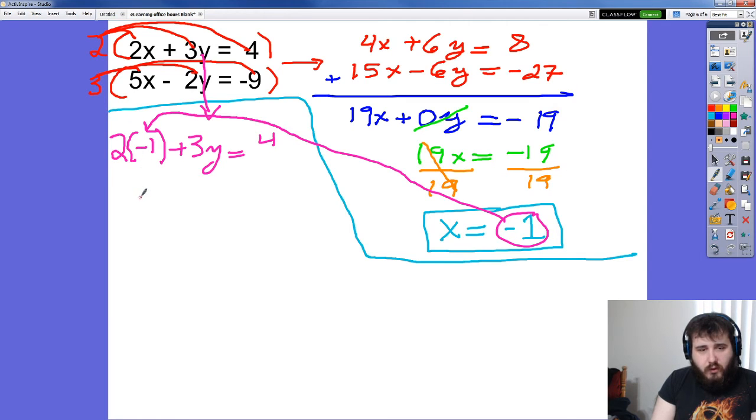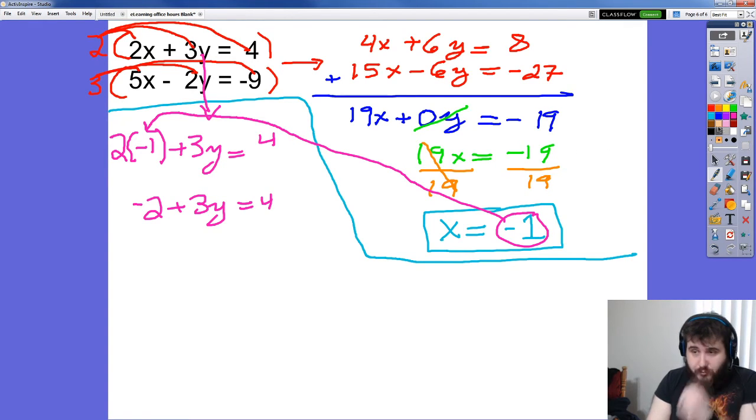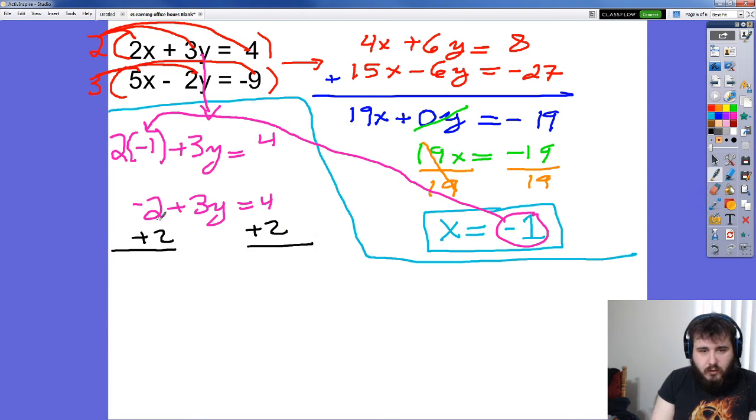Well, 2 and negative 1, when we multiply those we get negative 2. Now I can add to both sides. I'm going to add 2 to the left, add 2 to the right. These cancel out and go away. Left with 3y equals 4 plus 2 is 6.